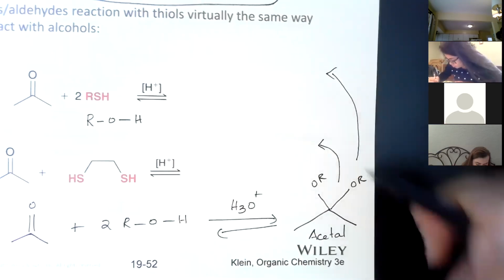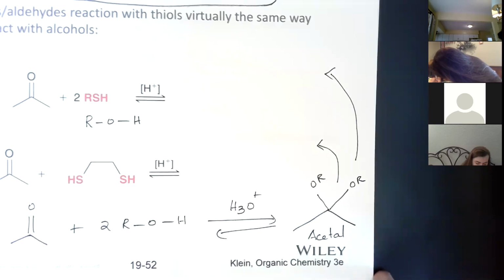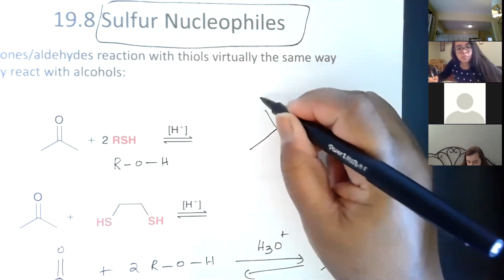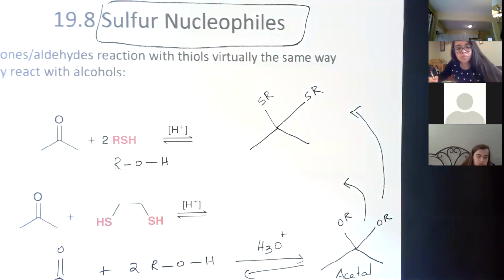And can you draw the cyclic version? Okay, so wherever you have oxygen, you put sulfur.